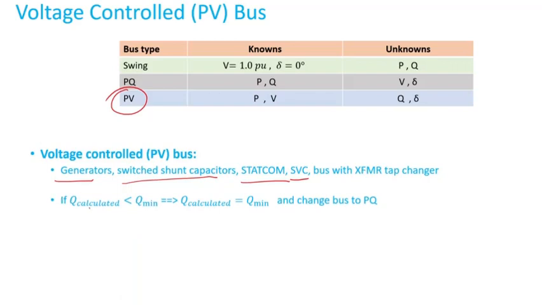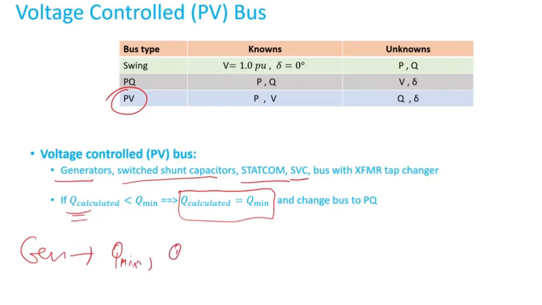If the calculated Q is less than Q min, then the program would set the calculated Q to Q min, because each generator has a limit. If you take any generator, it has a range: a Q min, the minimum Q that it will supply, and a Q max.